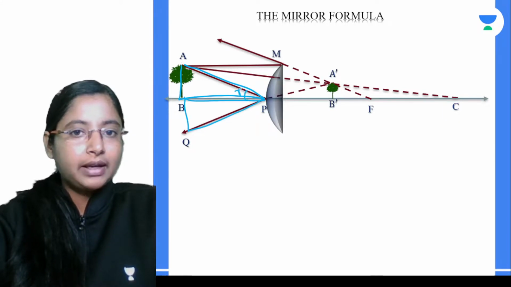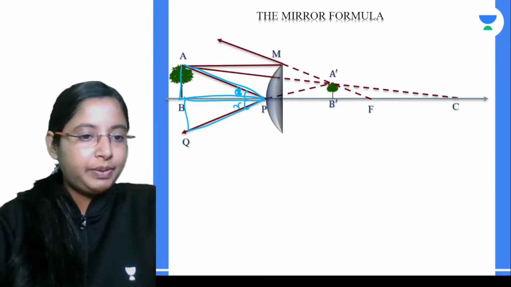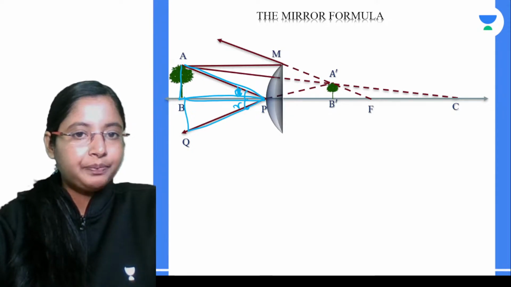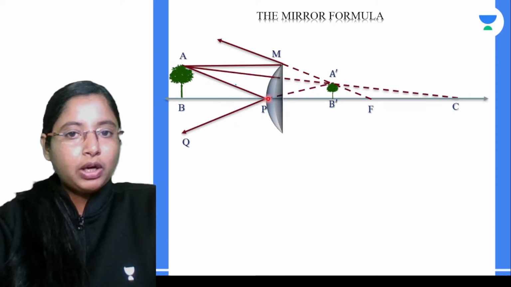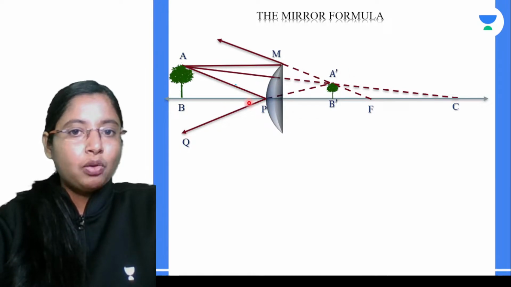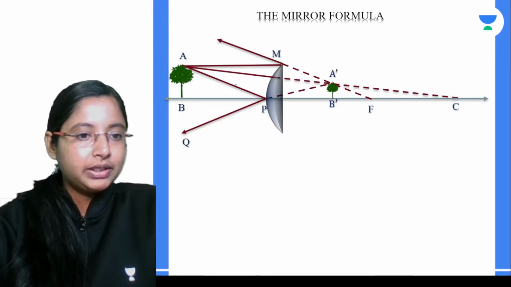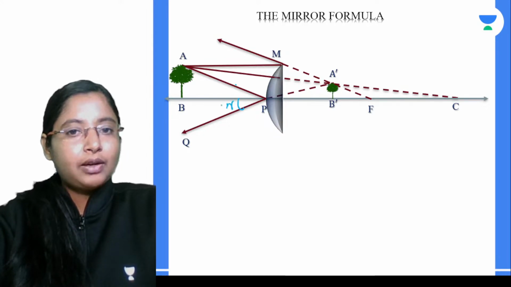We said whatever this angle of incidence is, it is equal to the angle of reflection over here. Now, this is the principal axis. These two triangles are similar. If these two triangles are similar, now whatever this triangle is, this is the principal axis, this is the extended ray. Whatever this angle over here is, let's say this is the angle of reflection.